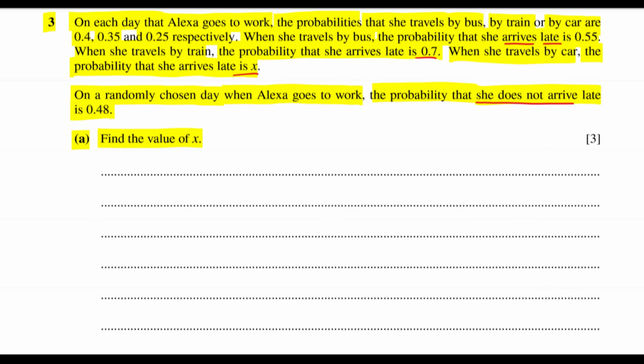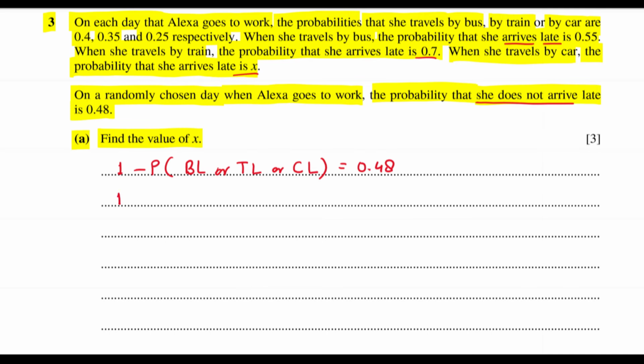So the probability of being late is going to be either by bus and late, or by train and late, or by car and late. So 1 minus this probability is given as 0.48. So in place of subtracting these 3 probabilities from 1, we can simply subtract 0.48 from 1. That would be easier.